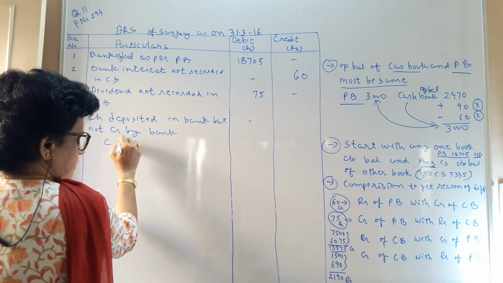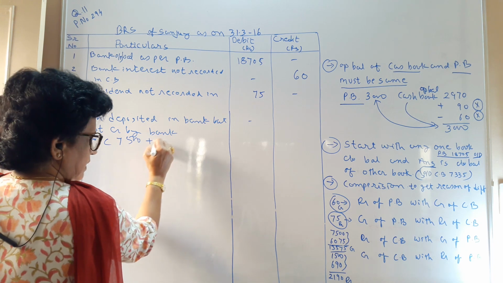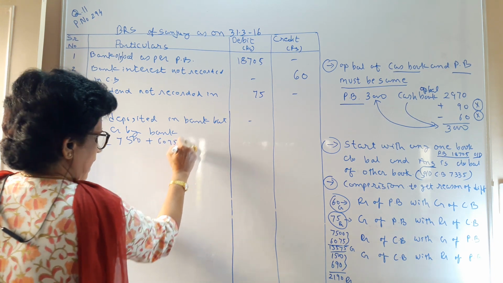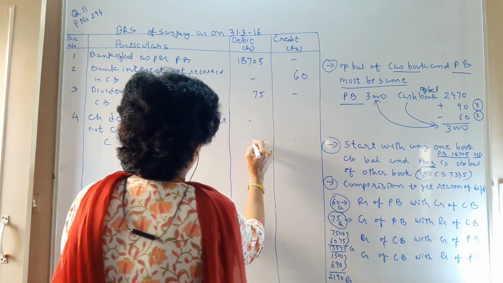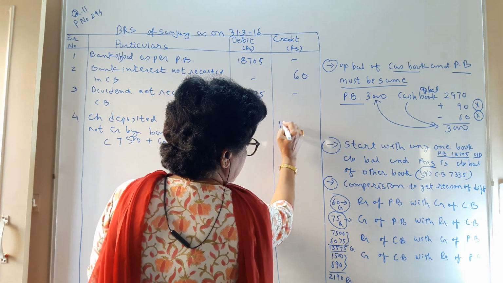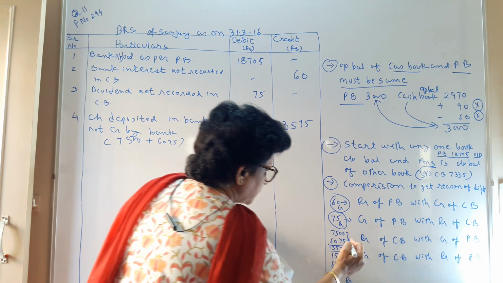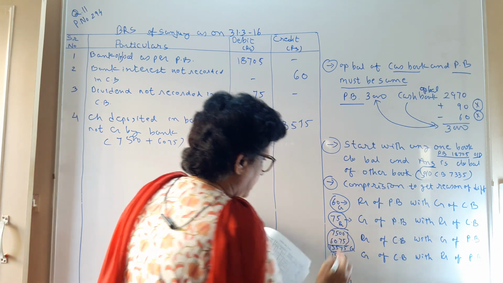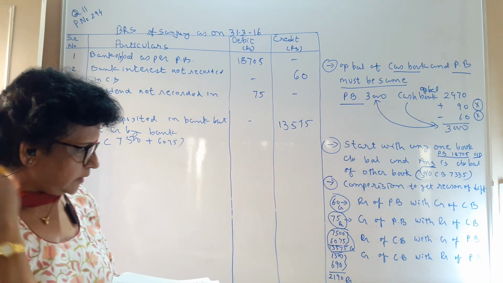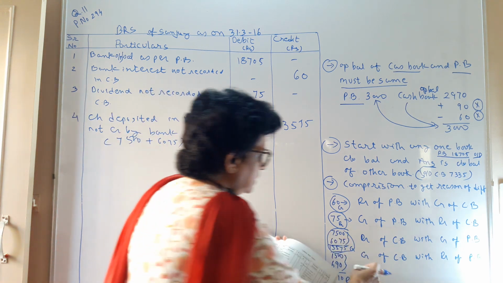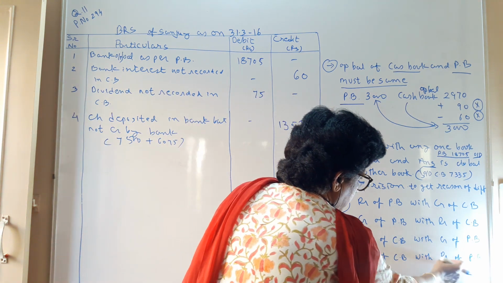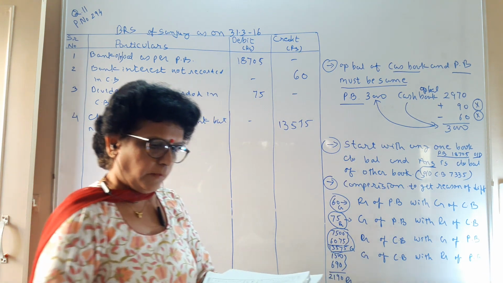So two checks, one is 7500 and another is 6075. So total of this you have to credit 13,575. Clear? So this is what the third thing we have done. Now the fourth comparison, that is the credit side of the cash book with the debit side of the passbook.